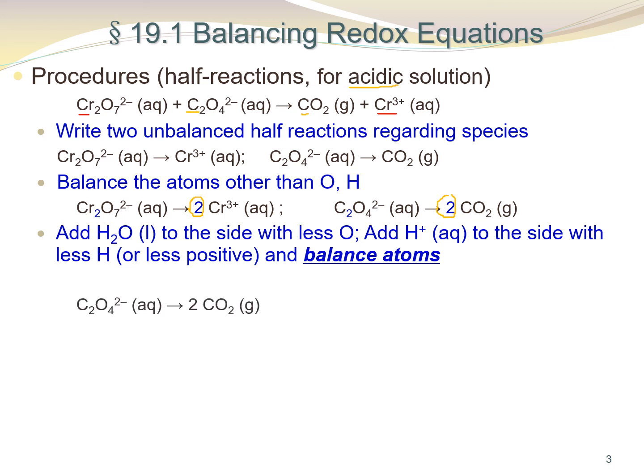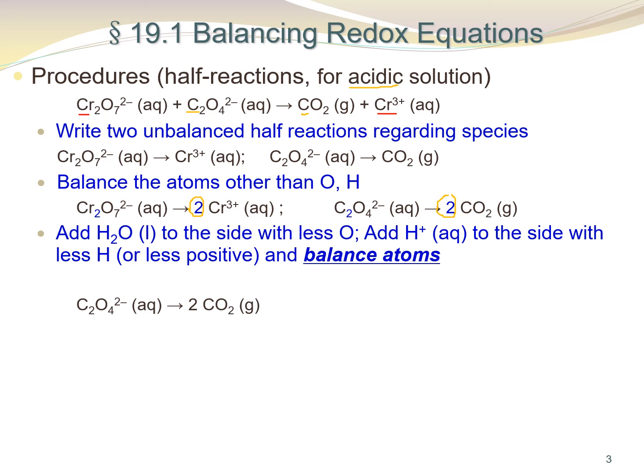Now let's check out this half reaction. I got a C2O4 on one side. On the other side, I got 2 CO2s. Let's try to count the number of atoms. I find that the numbers of atoms of carbon and oxygen both balanced. Which means I do not have to add H plus anywhere.